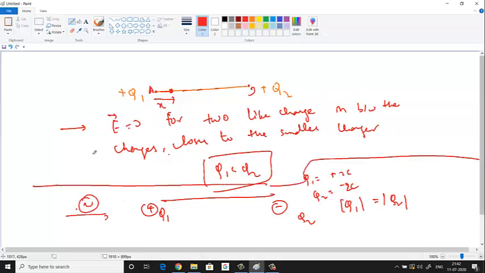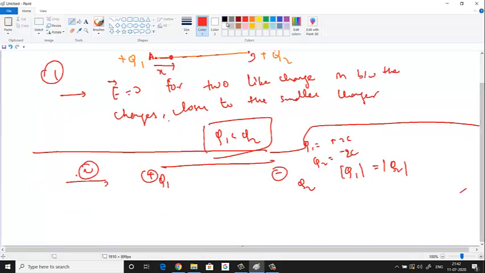This is the first case. So what do I mean by this? Whenever you have unlike charges like this, minus and plus, then the electric field will be 0 on the left side. Otherwise, if Q2 is less than Q1 in magnitude, then the electric field will be 0 on the right side of the charge.